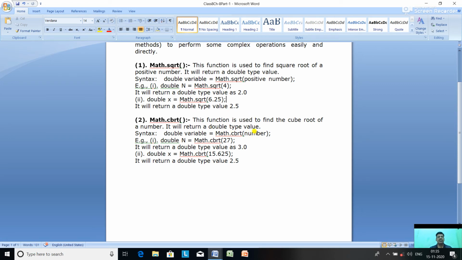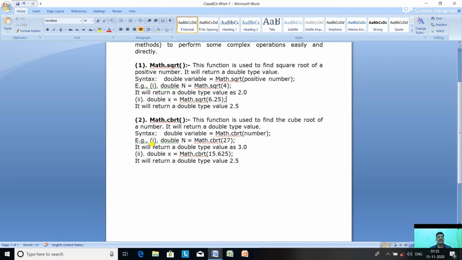This can find the cube root of a positive number and a negative number also, any number. And it returns what type of value? Double type value. Syntax: double variable name equal to Math.cbrt and in the bracket any number.